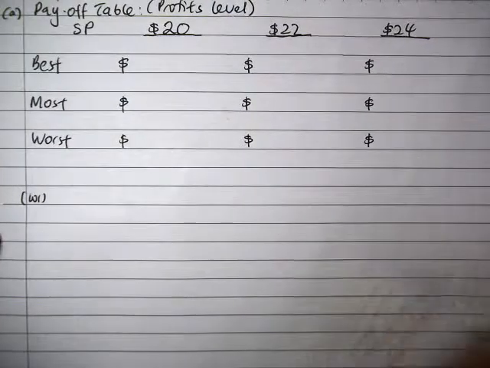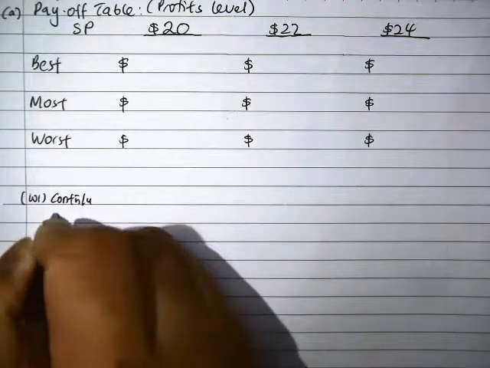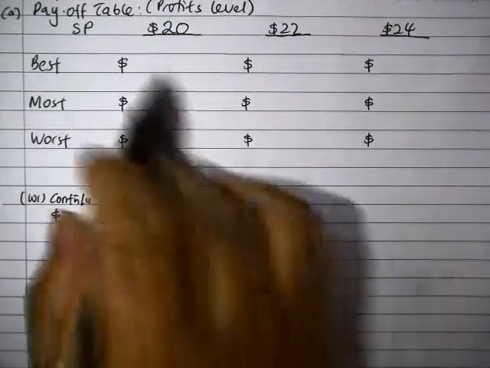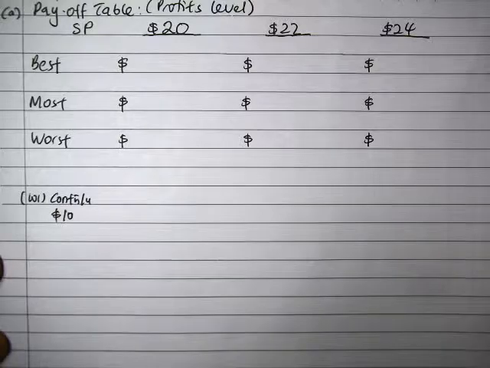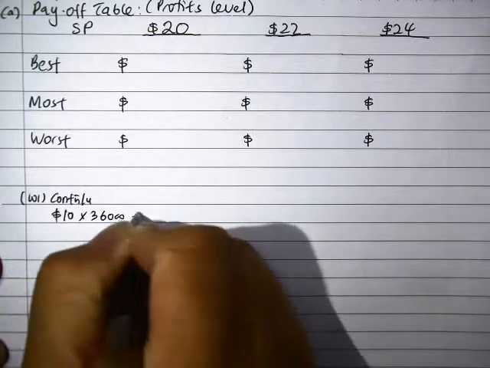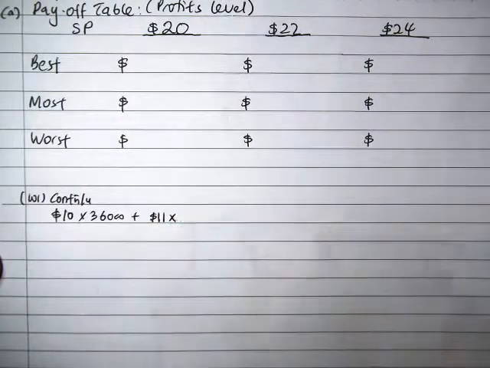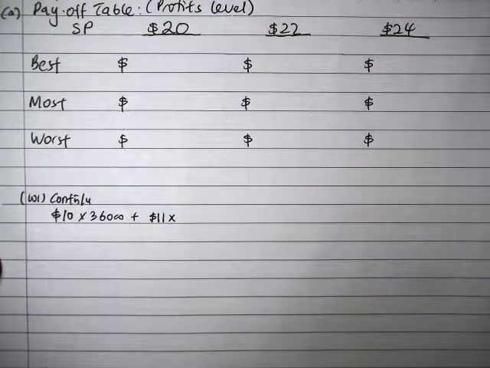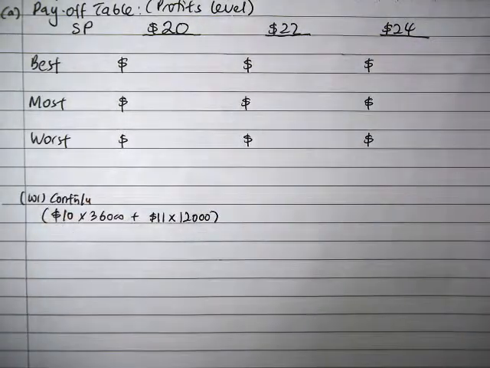So I'll show here. Now, your contribution per unit, 20 minus 10 is 10, correct? But the 10 is only for 36,000. Agree? Now anything above 36, the variable cost drops to 9, so contribution becomes 11. Then multiply with 12 because your sales volume is 48.